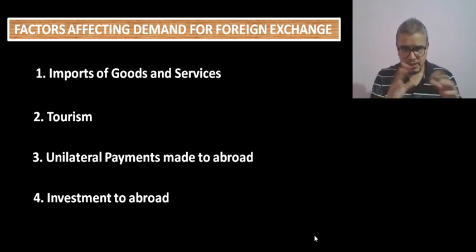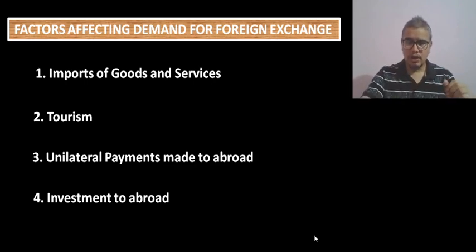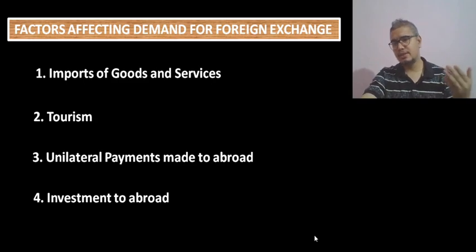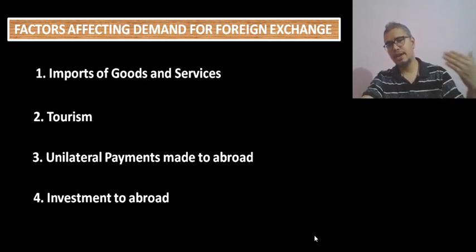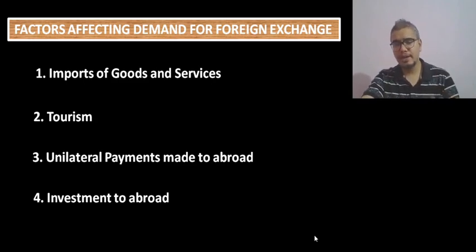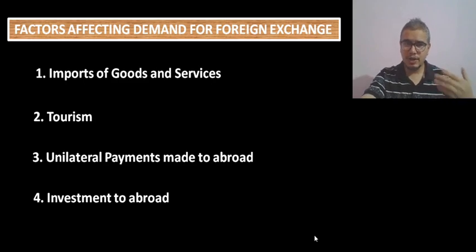Based on all this, as the demand suggests, we have already read about the theory of demand in class 11, and from the law of demand we know that demand and the price of the commodity are inversely related. When the price of the commodity rises, demand for the commodity falls, and vice versa.